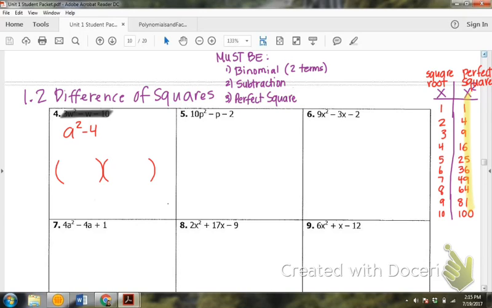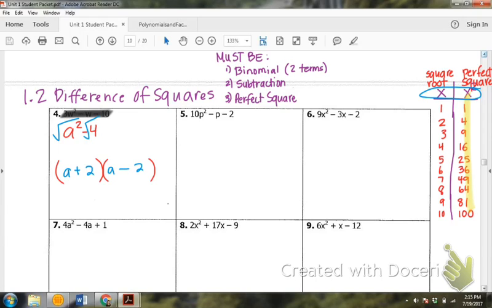What did we say the square root of a squared is? Look over here. The square root of a squared would just be a, right? So we're going to put an a in each of them. And then what's the square root of 4? 2.